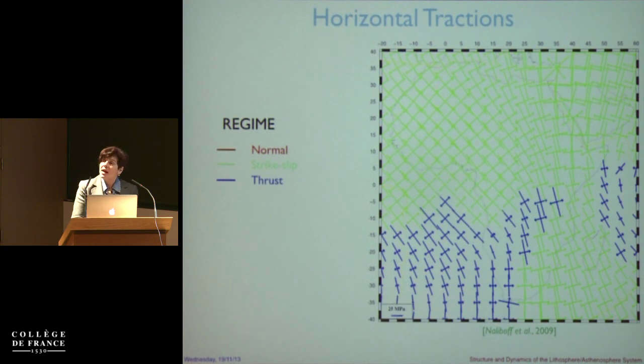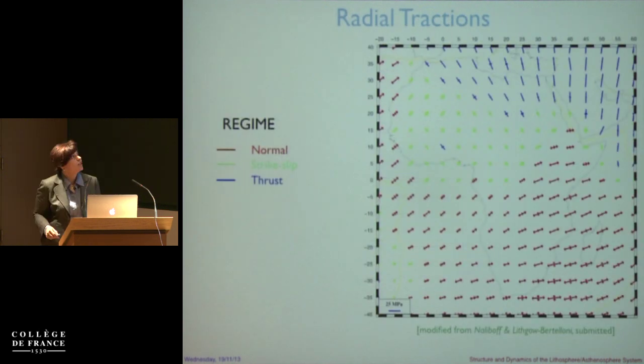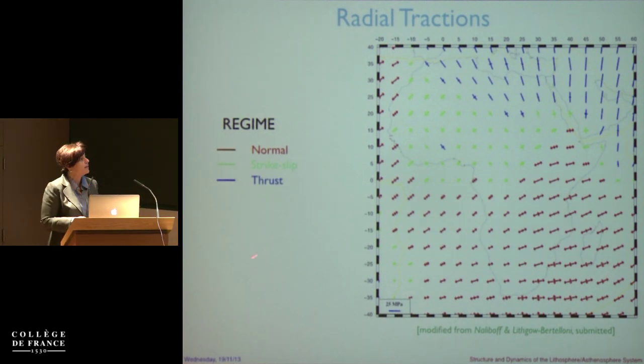Okay, so obviously you will say there's no way that this is predicting the world stress map. Well, if you now add the effect of radial tractions, dynamic topography, and you look again at Africa, this is only the effect of radial tractions.